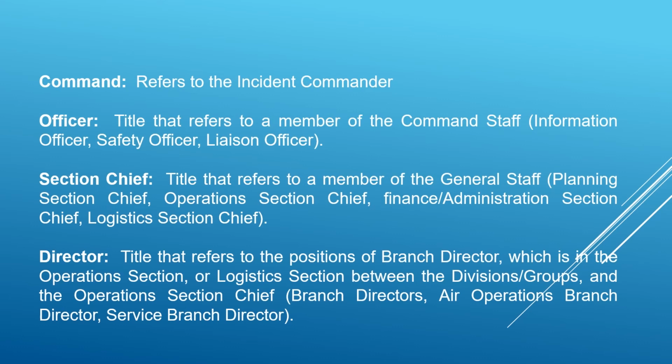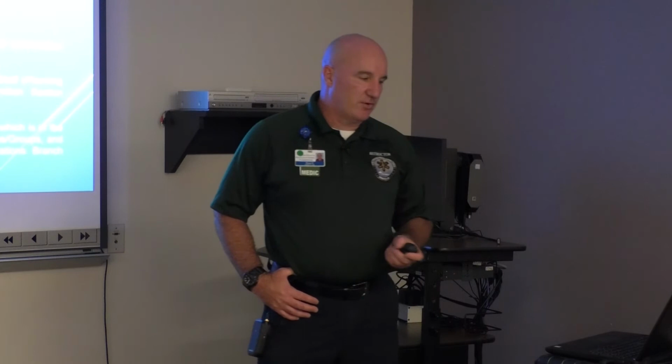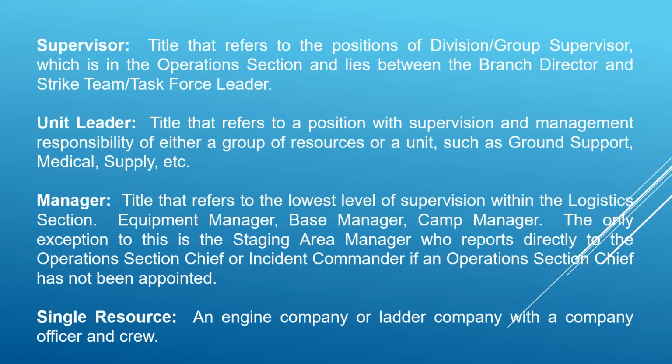Director is a title that refers to the position of a branch director. So the leader of a branch is called a director, in the operations section or logistics section, between the divisions and groups and the operations section chief. A supervisor is the leader of a division or group. If you're the head of a division or group, you're referred to as a supervisor. These are nationally standardized terms.